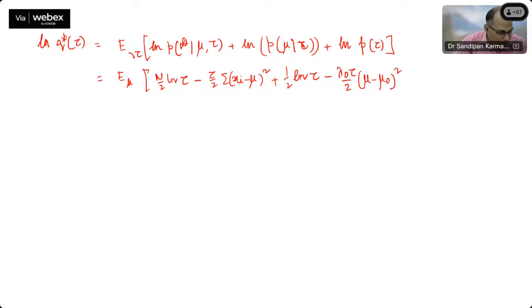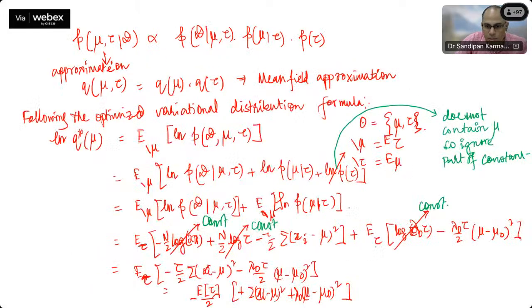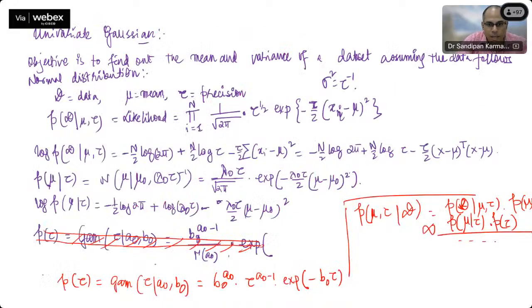Then comes the gamma distribution. What is the form here? Gamma has b naught to the power a naught, so a naught log b naught is not required because it is not dependent upon tau, and will be ignored.